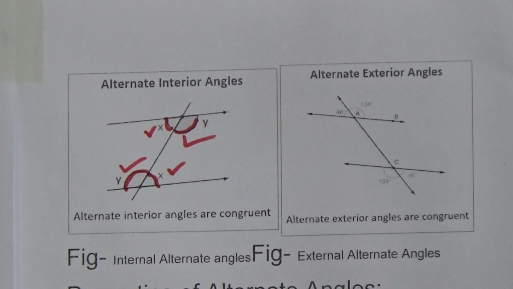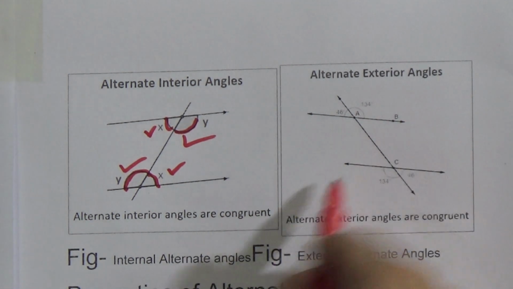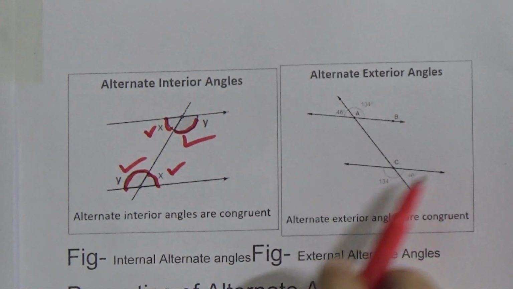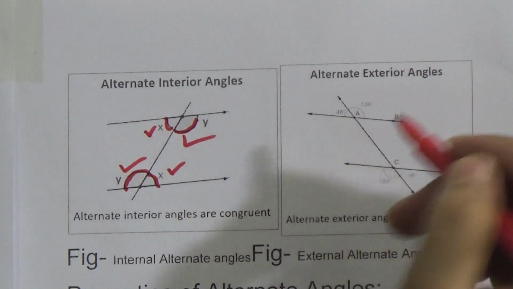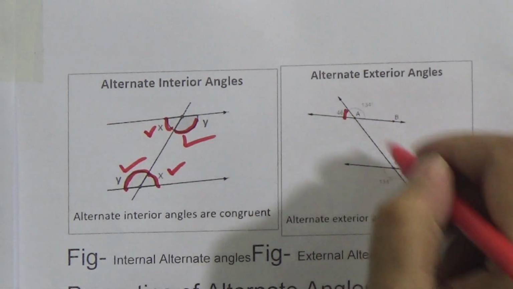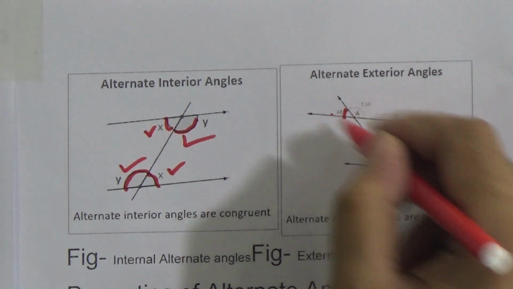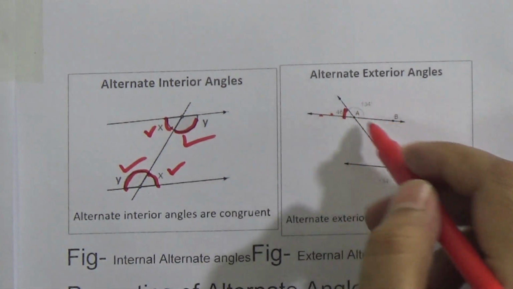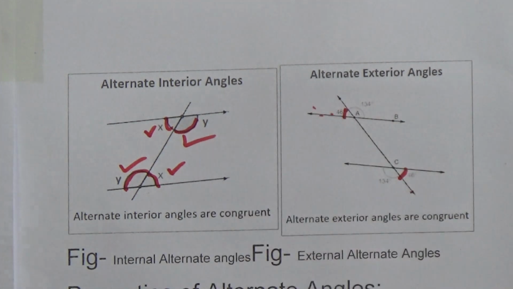Now another type is external or exterior alternate angles. So now see here, this is a straight line and this is another straight line. Here this angle and this angle, these two angles are alternate, as we have seen from the first figure, but these two angles are outside of the two straight lines.